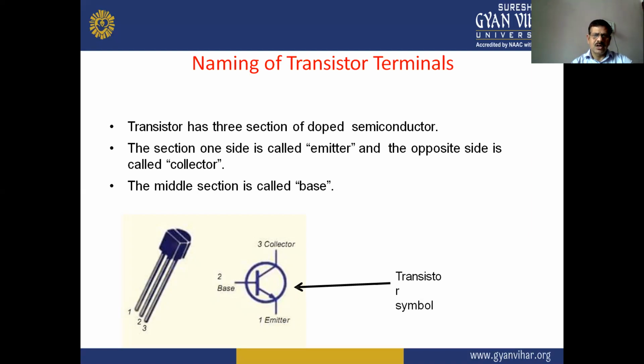So there are a total of three terminals, that is, a three-terminal device. Here the symbol is represented by the three terminals: base, emitter and collector. This is the symbol of the transistor, and the actual picture of the transistor is also shown here. There are three legs, one, two, three. These are the base, emitter and collector.